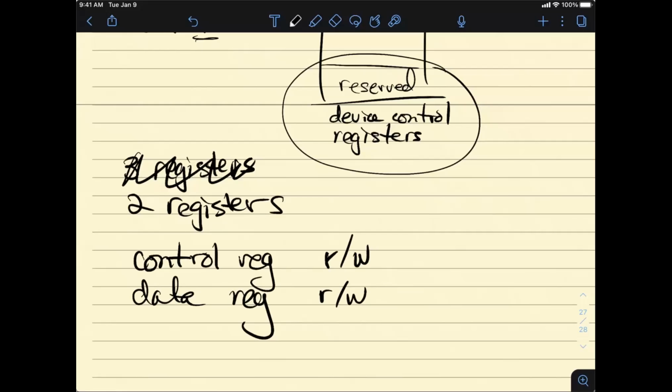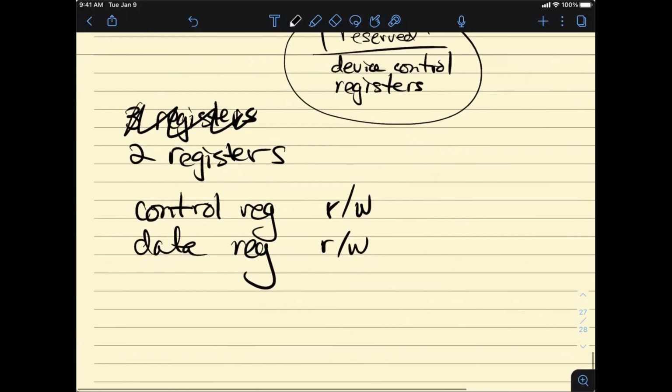So for instance, you might write to the data register and put a capital H into it, and then write a value that had one of the bits, the W, the write bit.